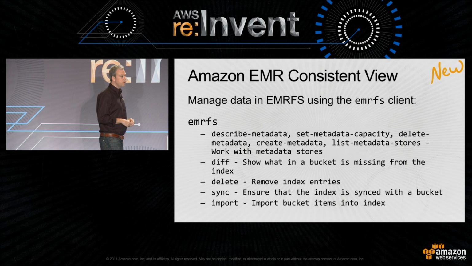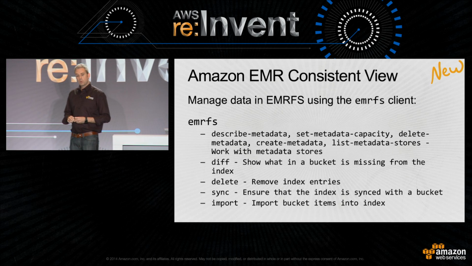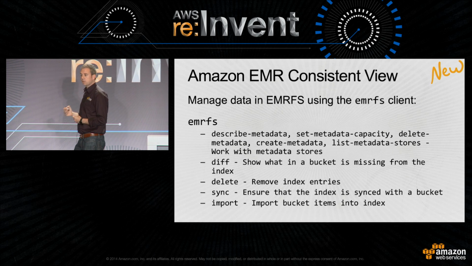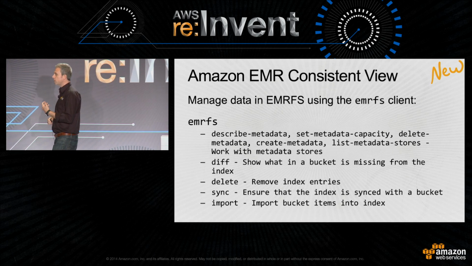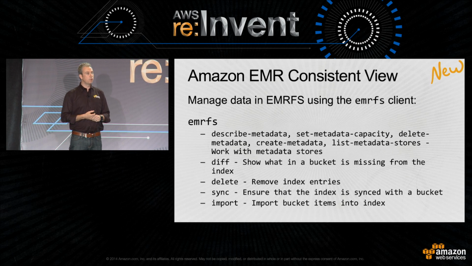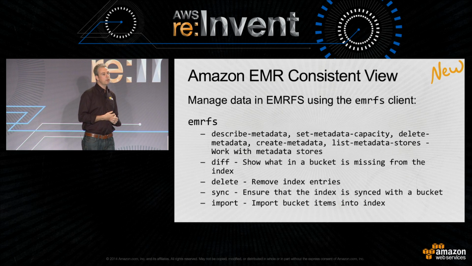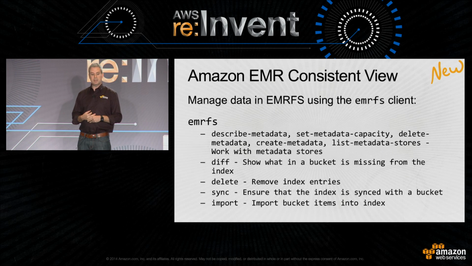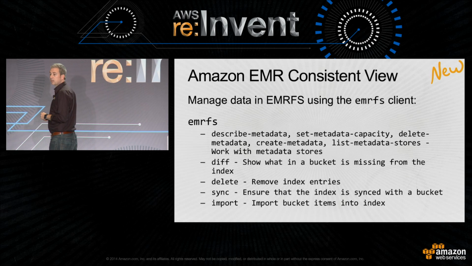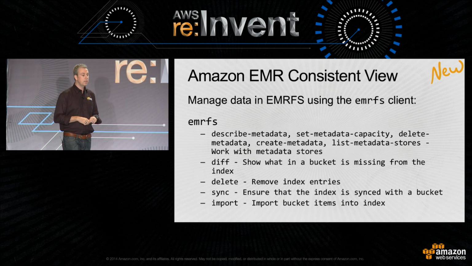An example of using the EMRFS command line tool would be to synchronize data between your EMRFS index and a specific bucket. So for those of you who'd be interested in taking your existing workflows and turning on EMR consistent view, you simply need to do a sync with the bucket and the metastore that you've created through EMRFS.